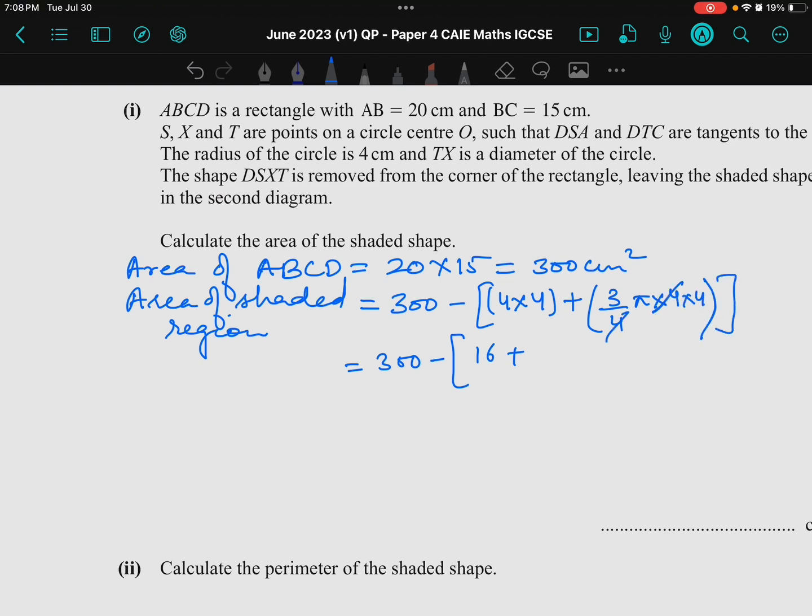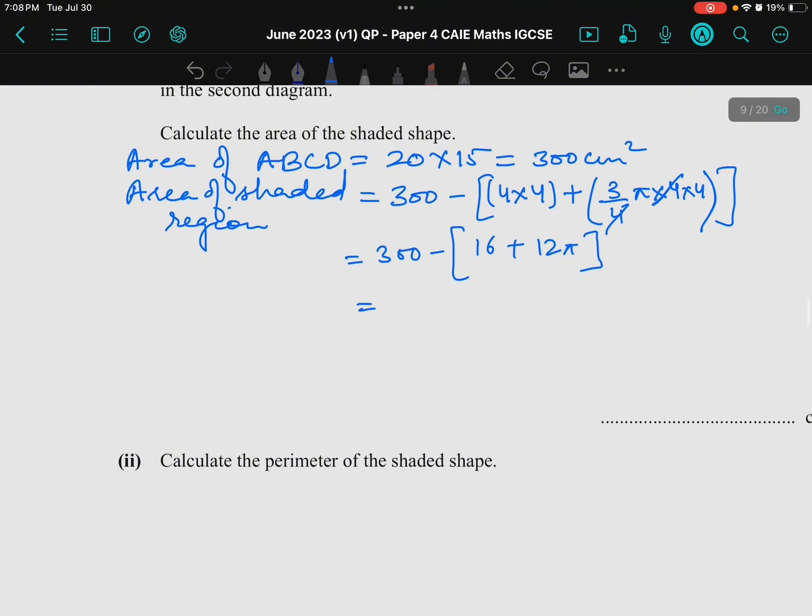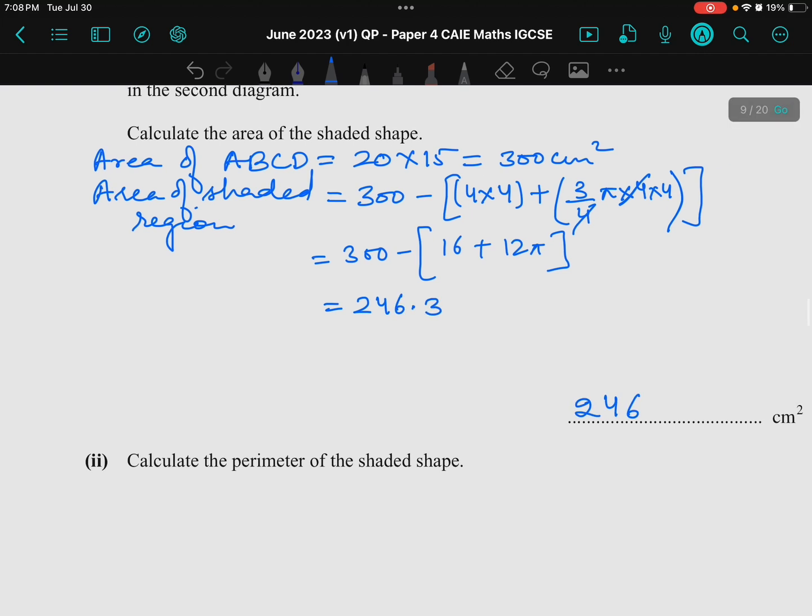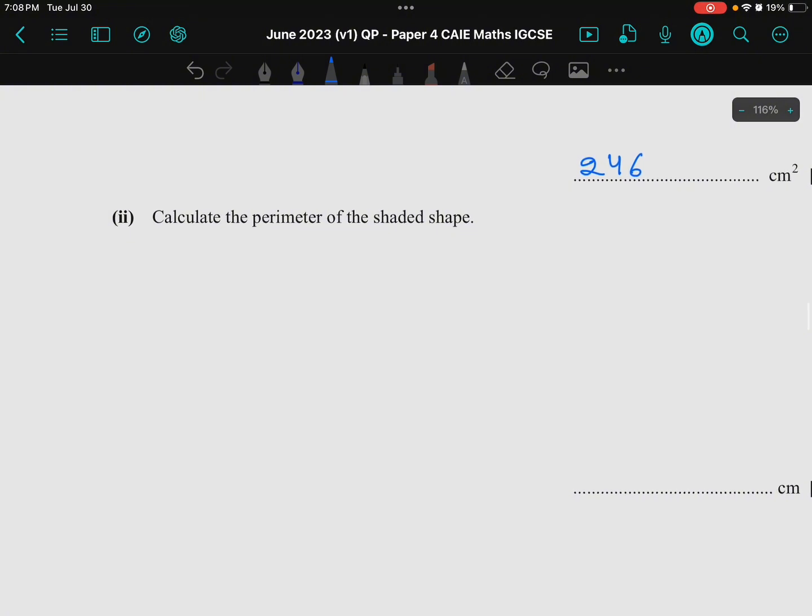So one 4 will cancel out. 3 4s are 12 pi will be remaining. When you solve this, putting this in your calculator, you will get the value 246.3. So your answer is 246 centimeters square.